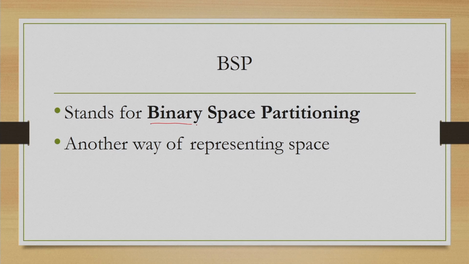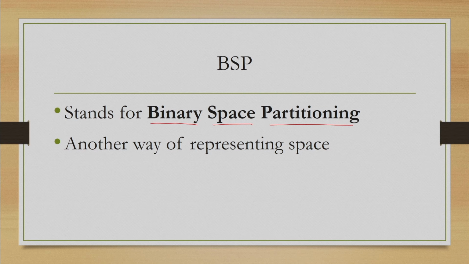Octree is one of the various methods where space is used to represent the objects. Another popular method is called the BSP method. Now, BSP stands for binary space partitioning, and the method is the binary space partitioning method.